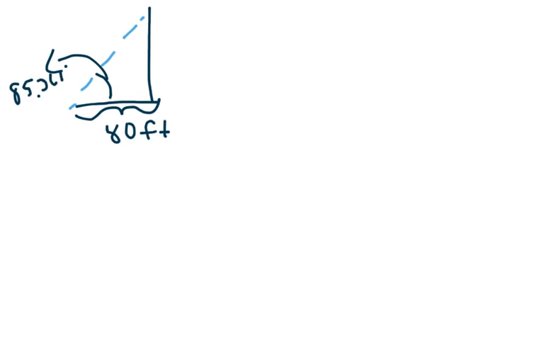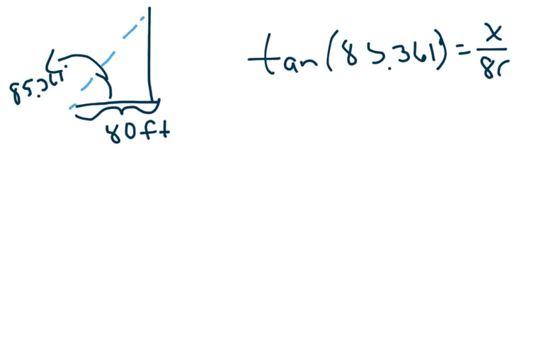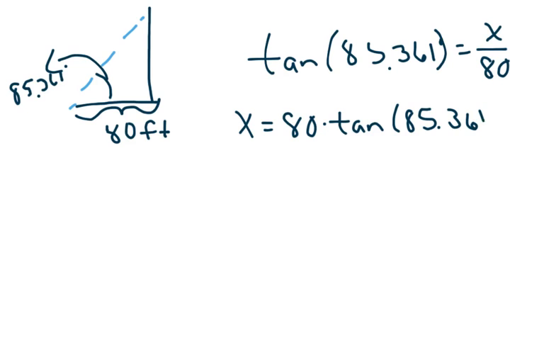So for 52, we're going to let x equal this. We're going to use tan of 85.361 degrees equals x over 80, cross multiply, so you get x equals 80 times tan of 85.361 degrees, which equals 985.91 feet.